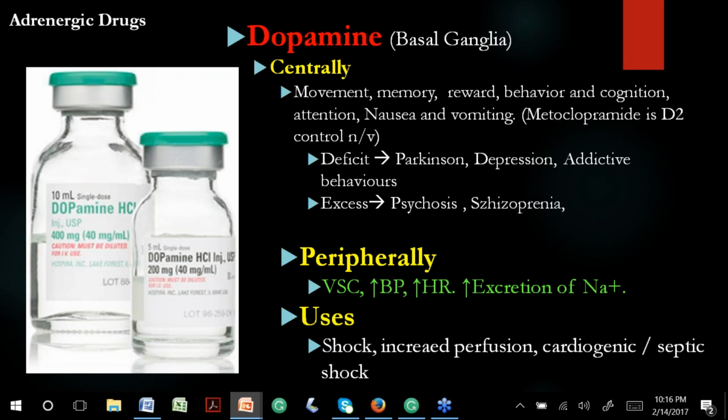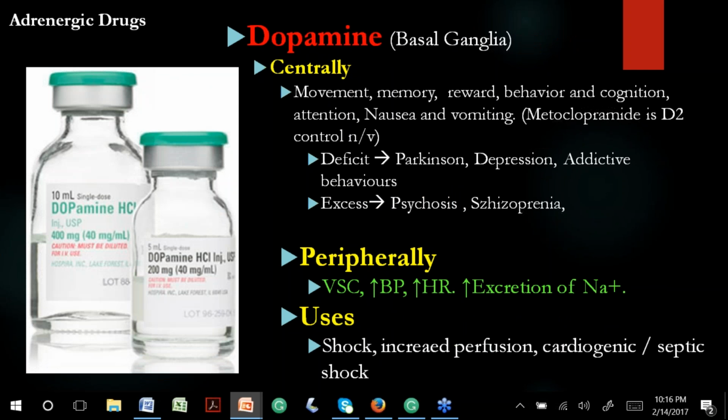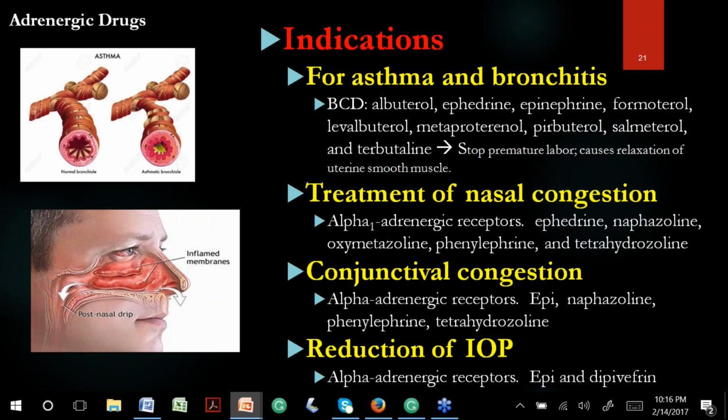In general, norepinephrine and dopamine, through different pathways, lead to an increase of blood pressure. We are going to use that, obviously, when you have hypotension, right? Hypotension.